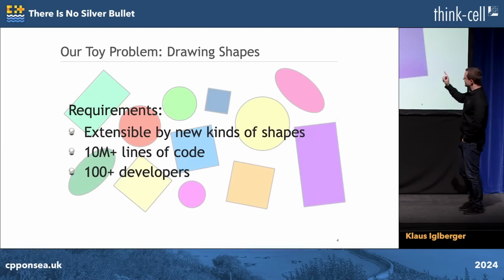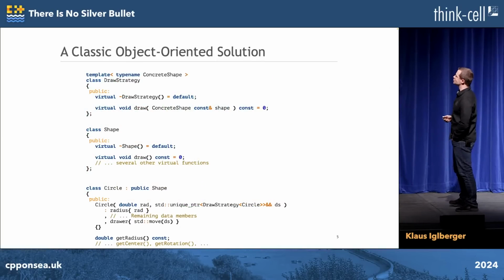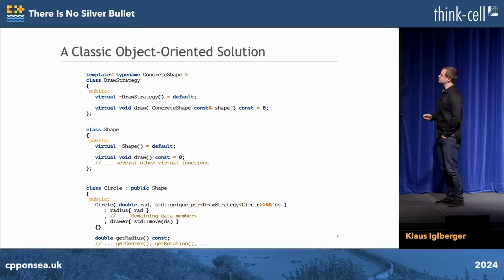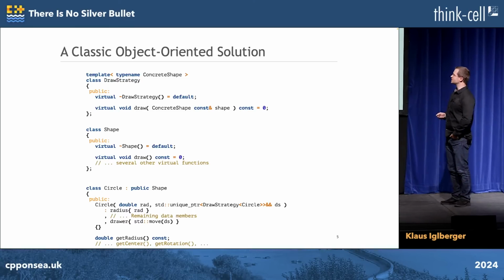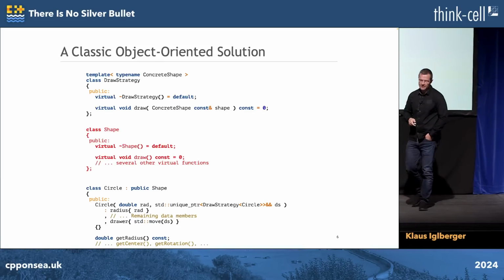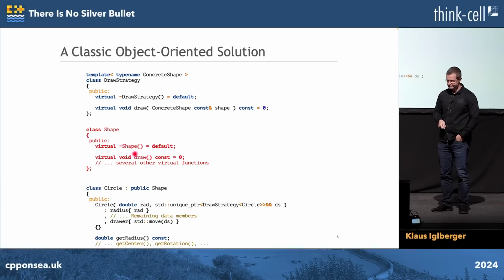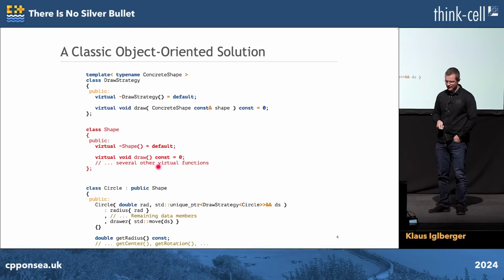So let's jump in. Let's try to solve this by a first approach. A classic object-oriented solution. So we're going to start with a shape base class. That one's going to have a draw member function. Sure, that's the one thing that we're now looking for, but there may be other things as well.